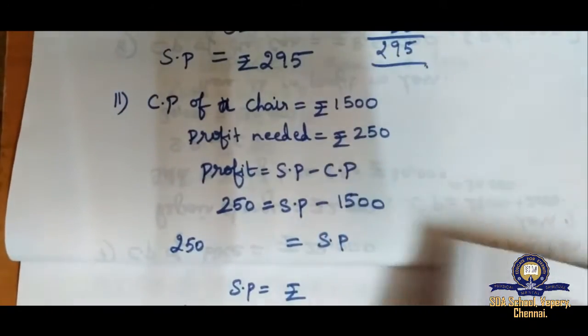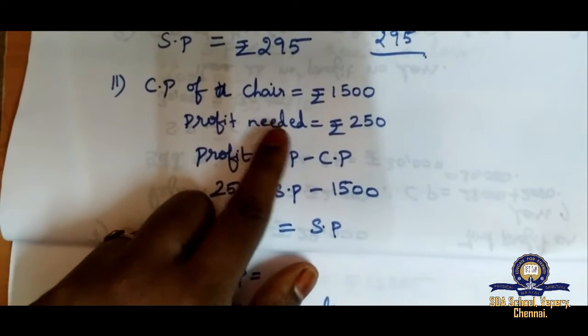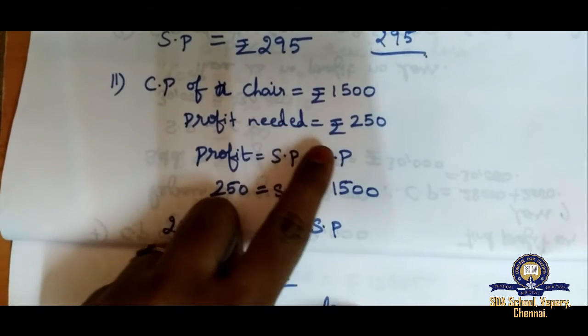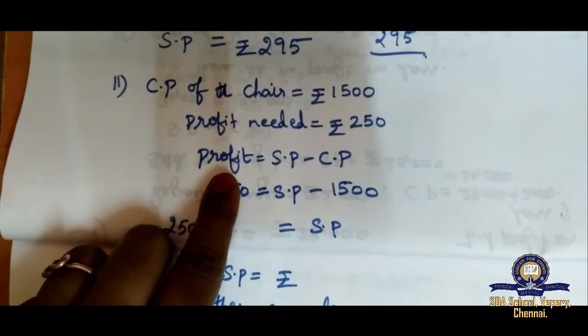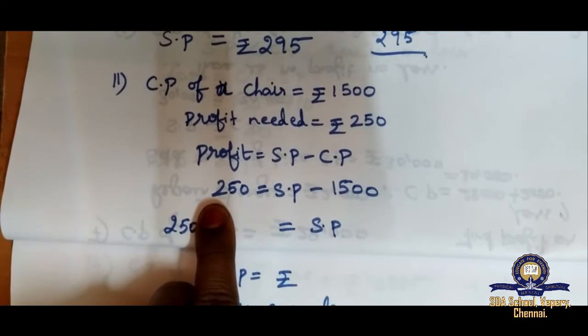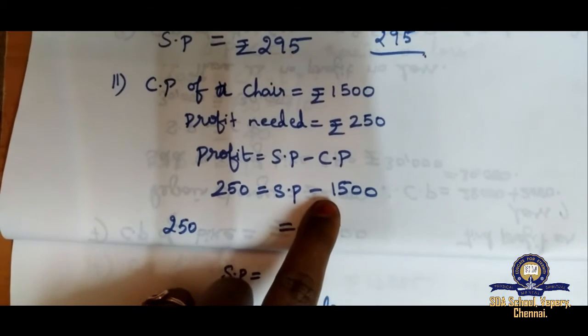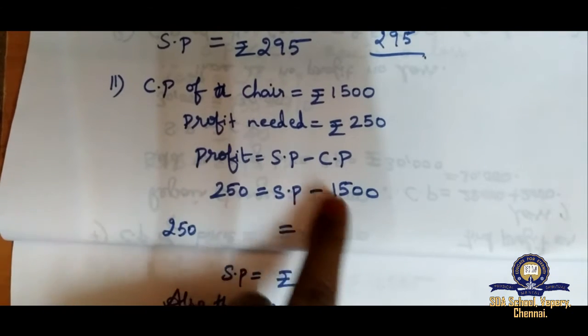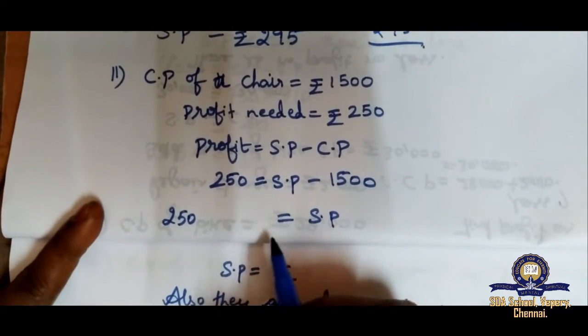So see, cost price of the chair is rupees 1500. Profit needed for him is rupees 250. The word profit is there, so use the profit formula: profit equals SP minus CP. Profit is 250. SP we don't know, so write SP minus CP, where CP value is 1500. We need to find out the SP value from this.